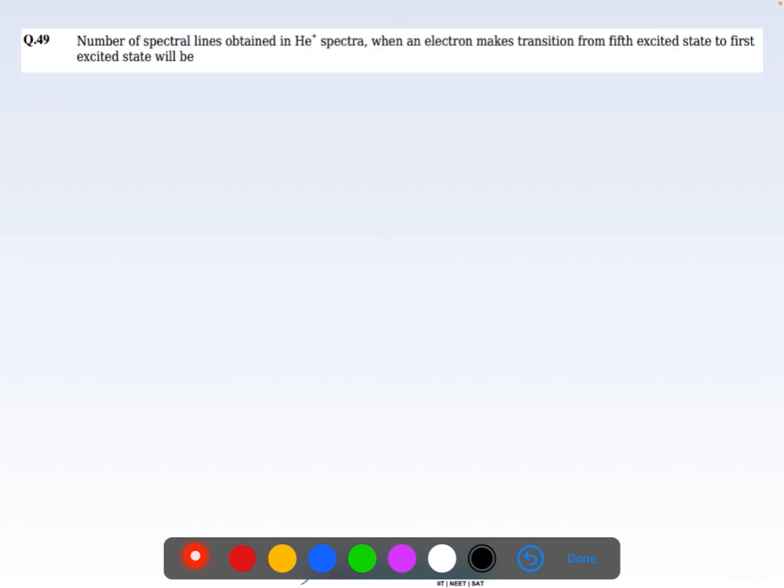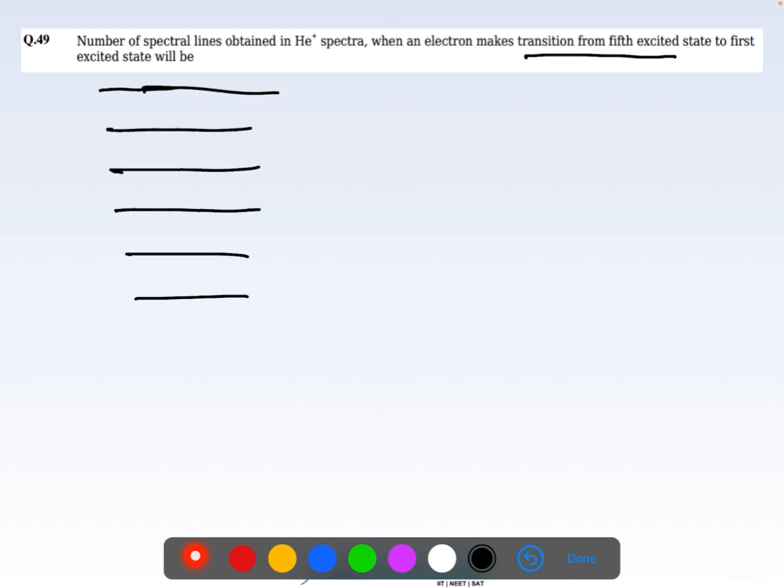Number of spectral lines obtained in helium spectra when electron makes transition from 5th excited state to 1st excited state is. So here we have an atom, and in this atom the electron is jumping from n equal to 1, 2, 3, 4, 5, 6. So 5th excited state means level 6, and it is jumping to the 1st excited state, that is 2.